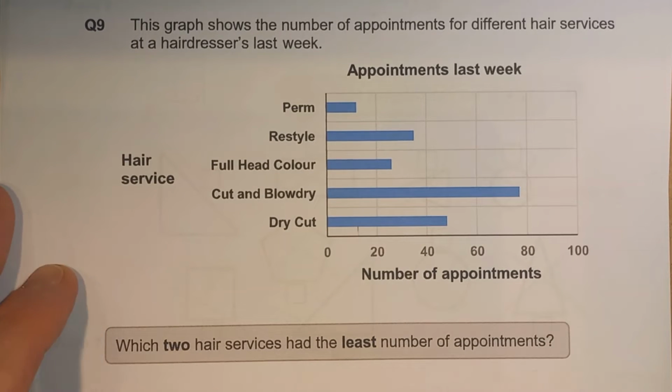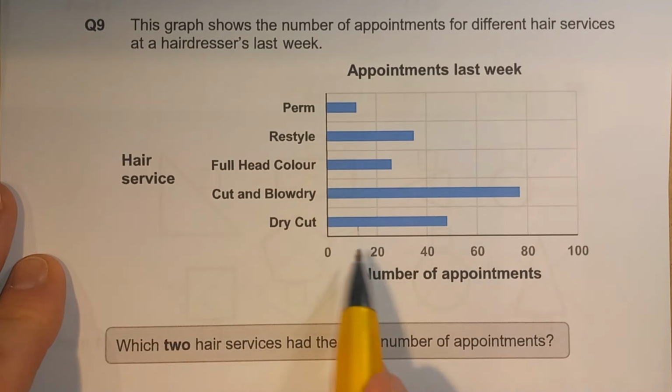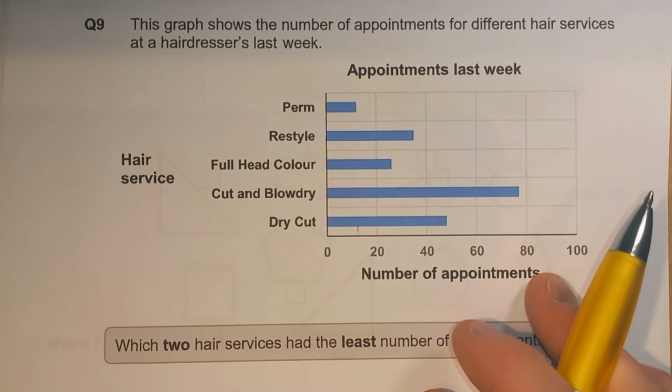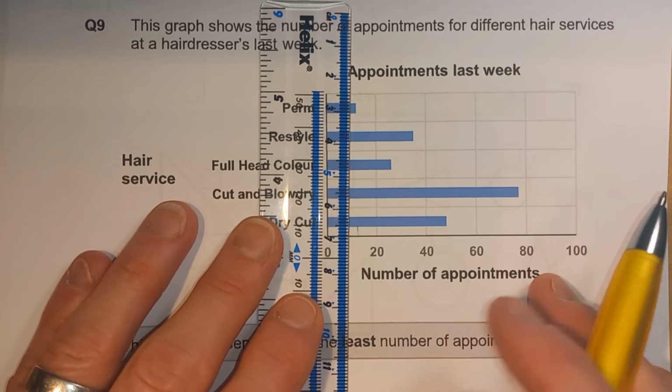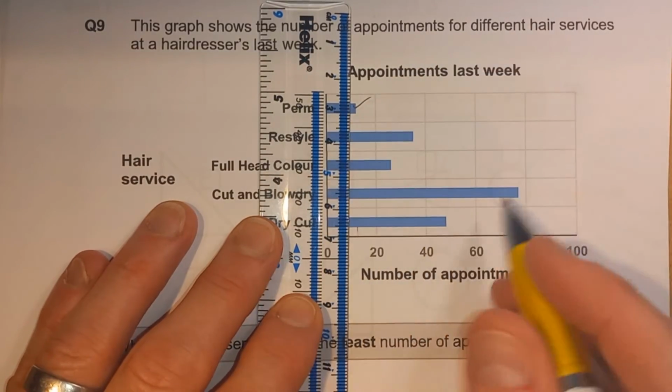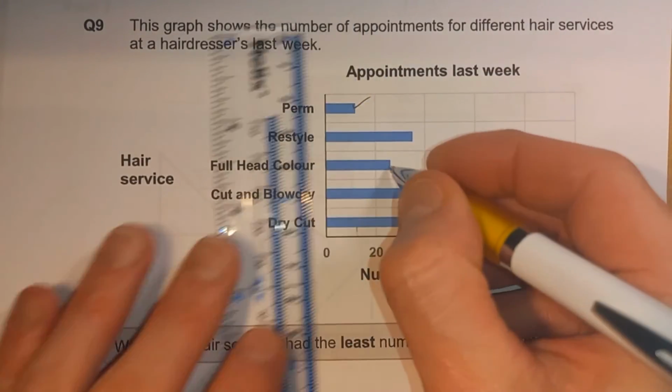And the actual question is, which 2 hair services had the least number of appointments? So that means what are the 2 shortest bars? And I'm going to use my ruler. So which is the first bar we reach the end of? Well, it's this one here. And the next one is going to be this one here.